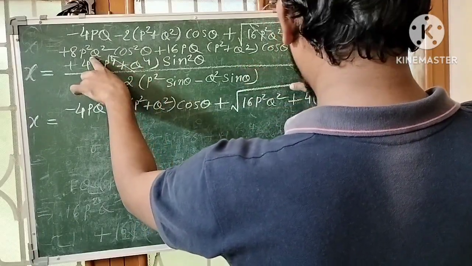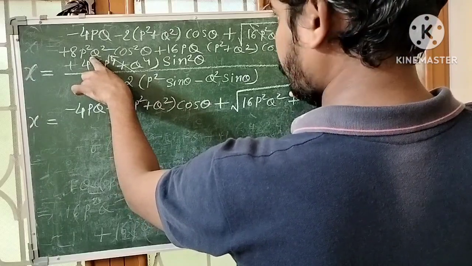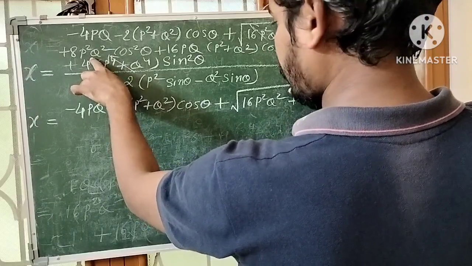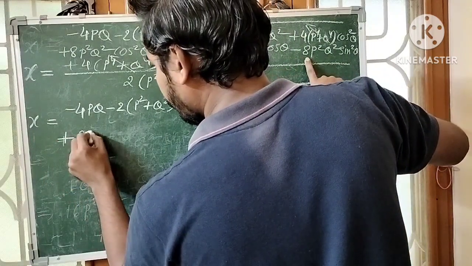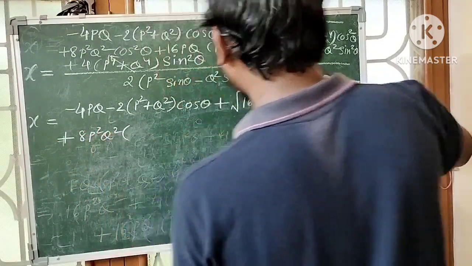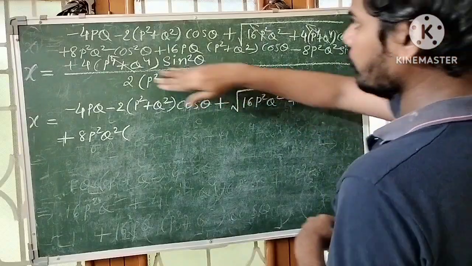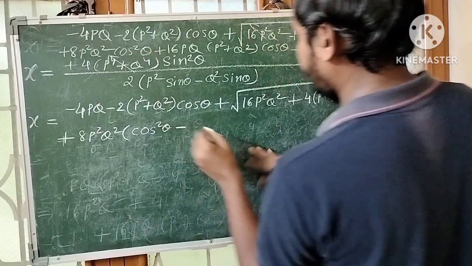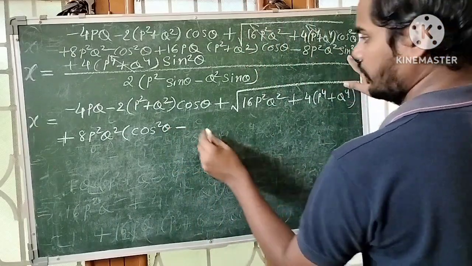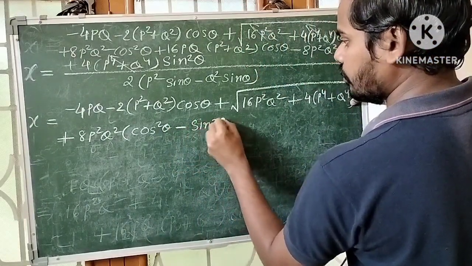The p square q square terms: 8 p square q square is common, and the remaining terms are cos square theta minus sin square theta.